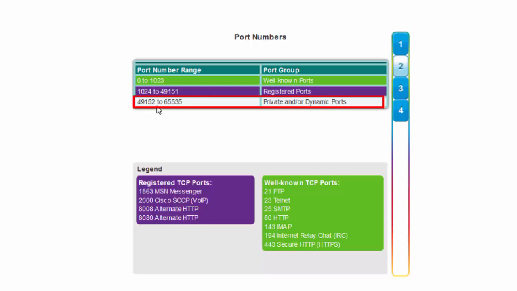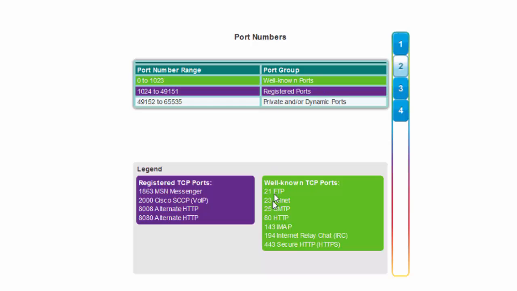Different applications, when they first start, the operating system will assign source port numbers for these applications in that range. So this is a dynamic range which is assigned on demand by the operating system.